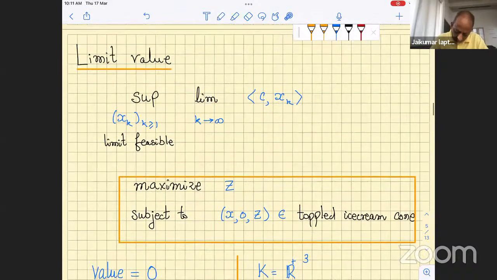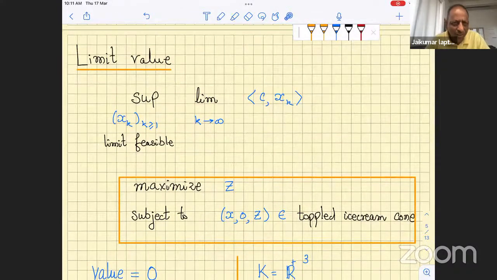Now, I want to give you an example. The whole point is that the limit value and the value for a cone program need not be the same. In both of them, we have made some compromise, in the sense that we are allowing approaching instead of being exactly feasible or exactly taking on a certain value.